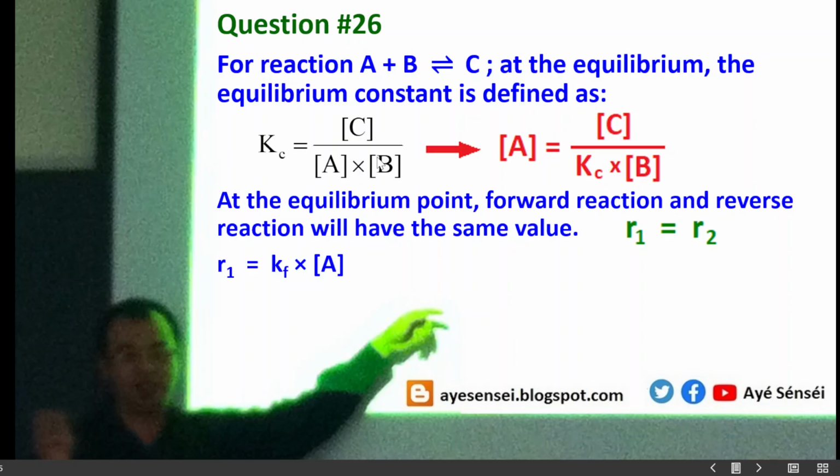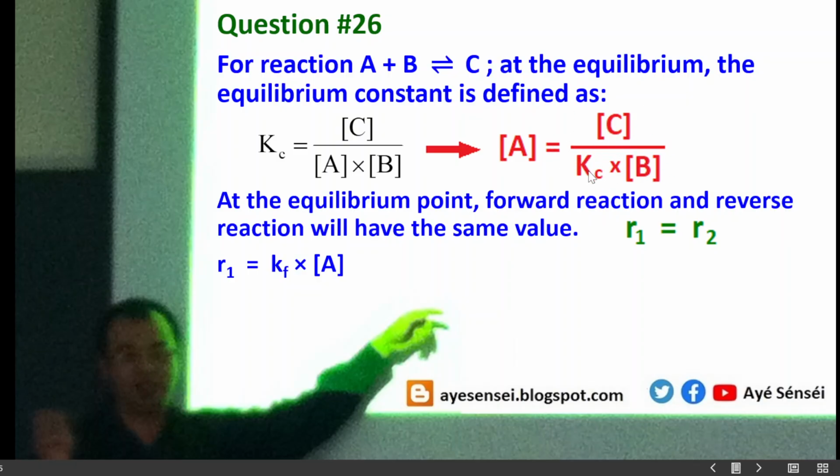If we have the equilibrium constant as a function of the others, then we can express the concentration of A in terms of the other variables.